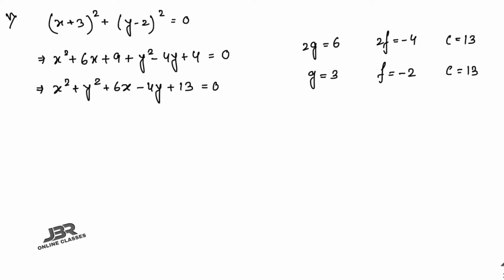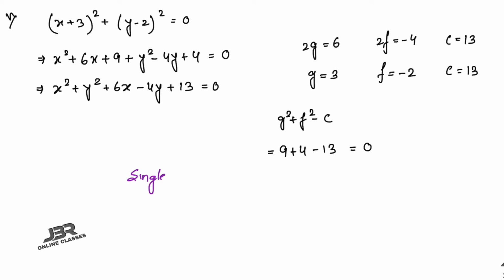Okay, so here g square plus f square minus c, that means here 9, here it's 4 and minus 13, so that means here it's 0. If this one equal to 0, then definitely it represent a single point set.